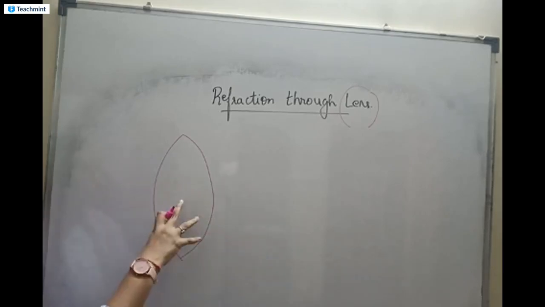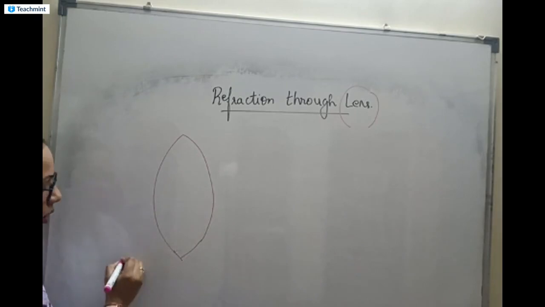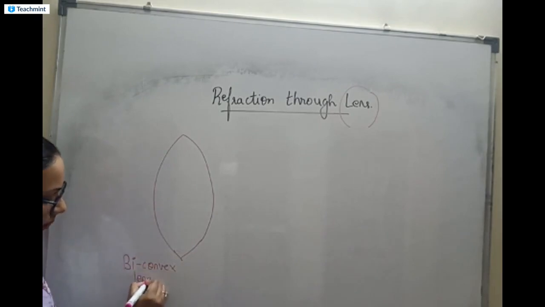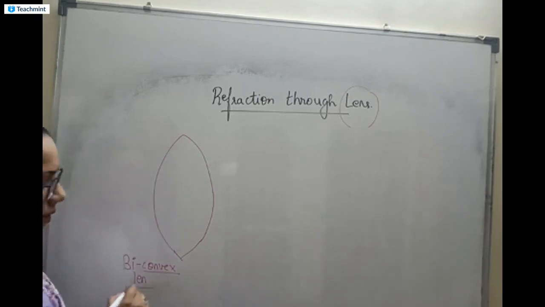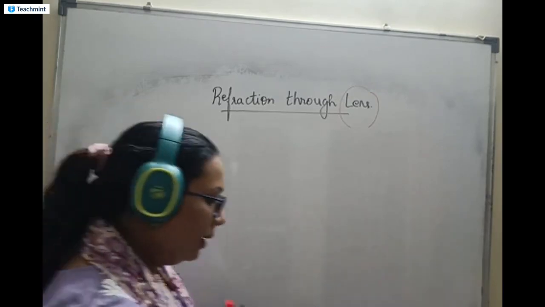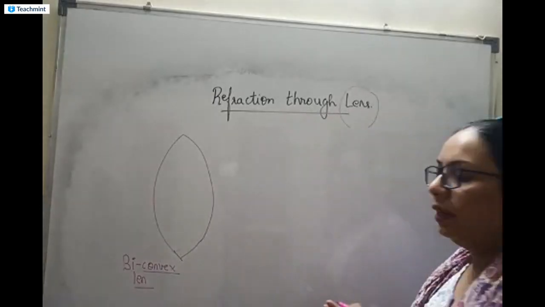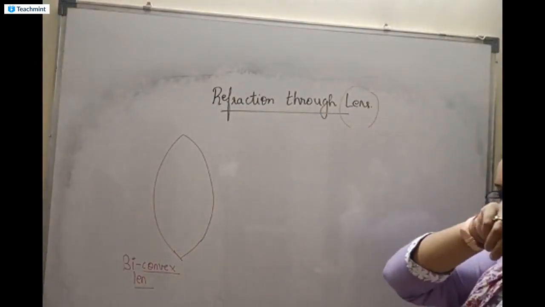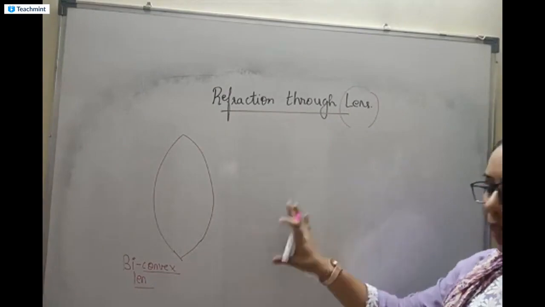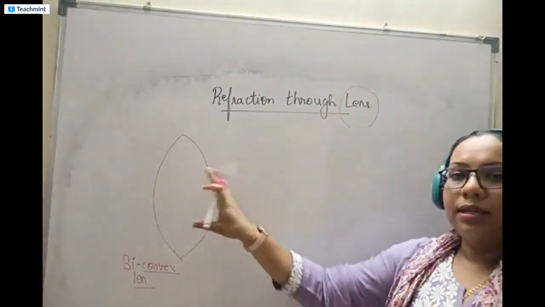Because left side and right side both are convex, correctly you will call this a biconvex lens. But in our textbooks, we will directly refer to this as a convex lens by default. When I say convex lens, this is the lens that you should be drawing. But you should know the proper name is biconvex because on both sides it has that convex structure.